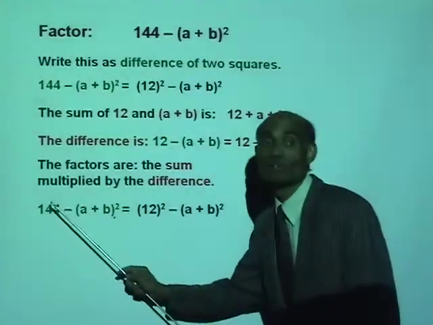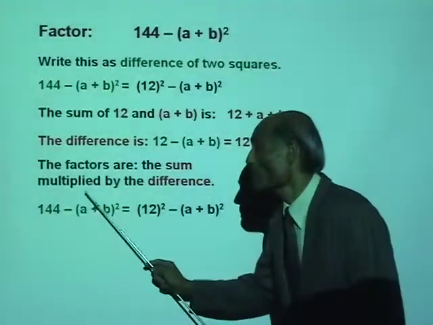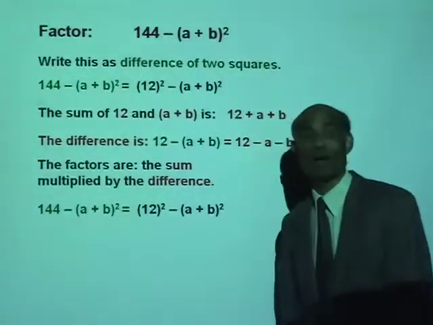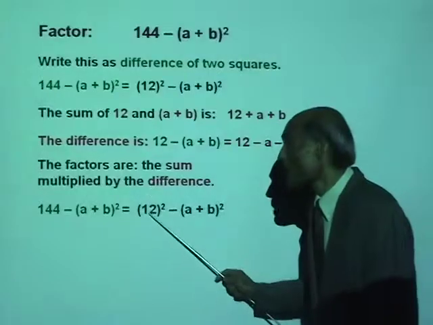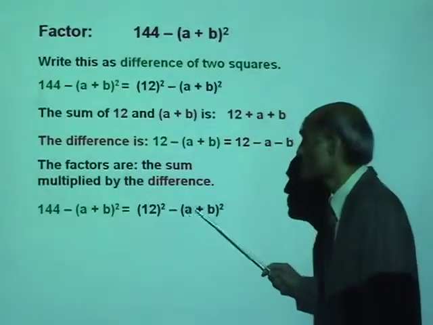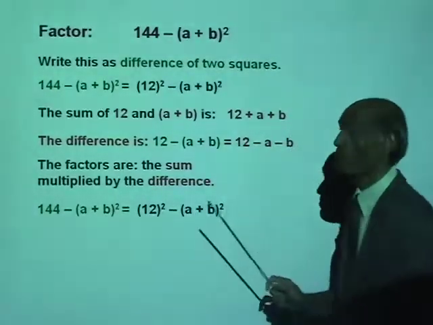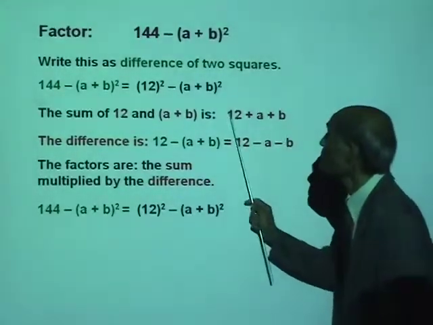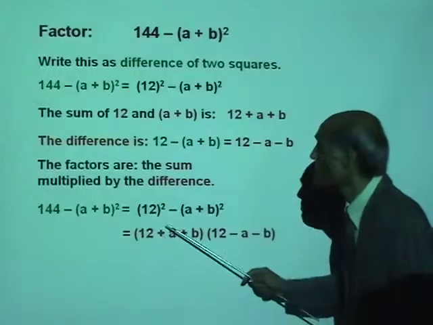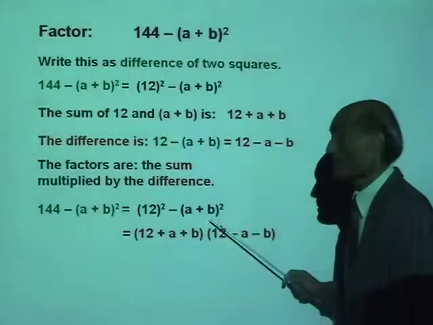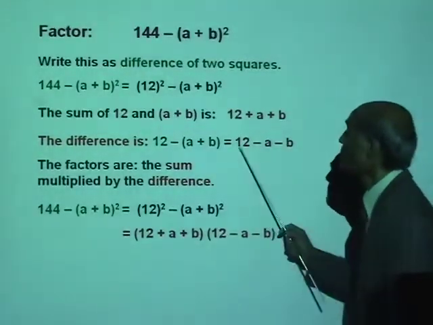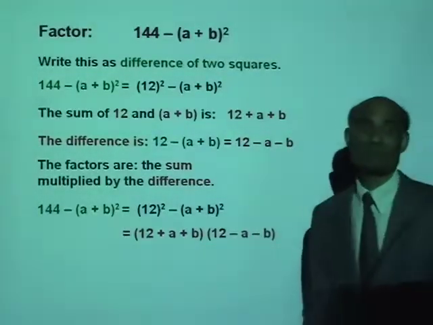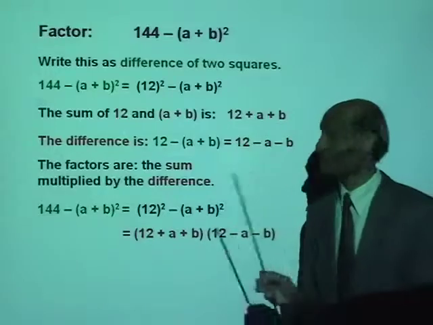So 144 minus the quantity a plus b all squared is equal to 12 squared minus a plus b all squared, and that will be 12 plus a plus b multiplied by 12 minus a minus b. That was a very good one.